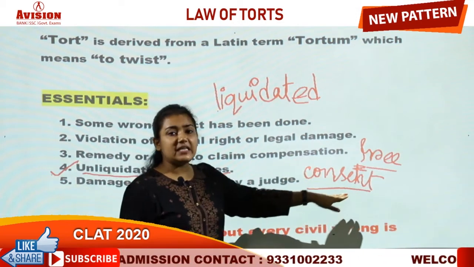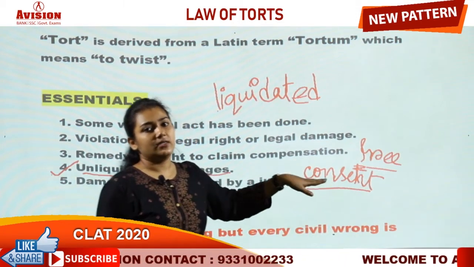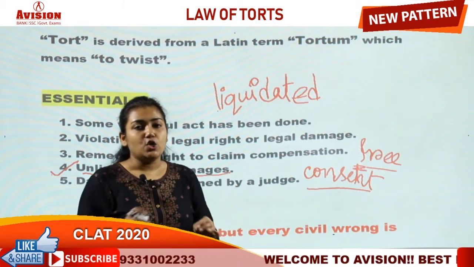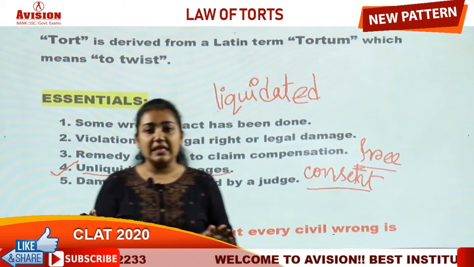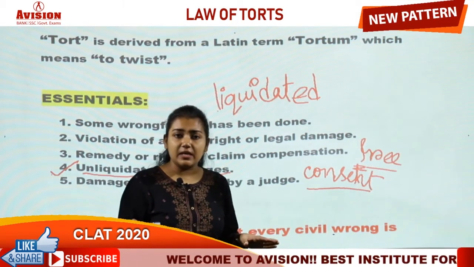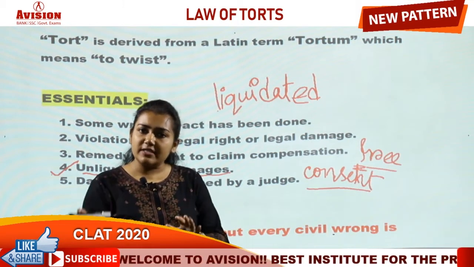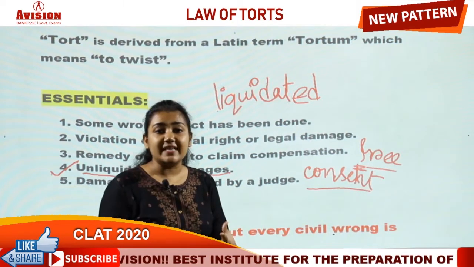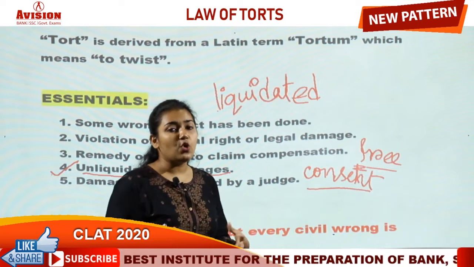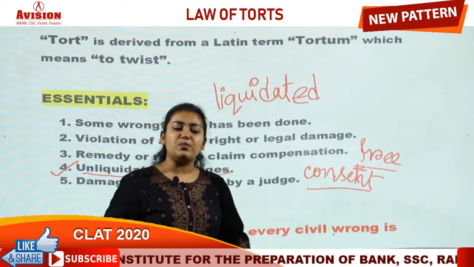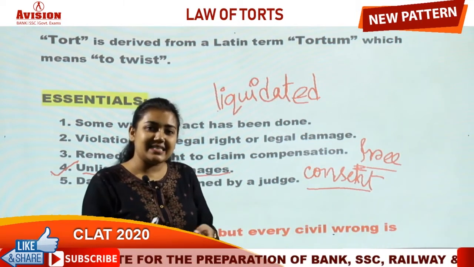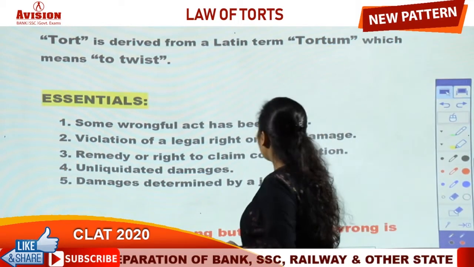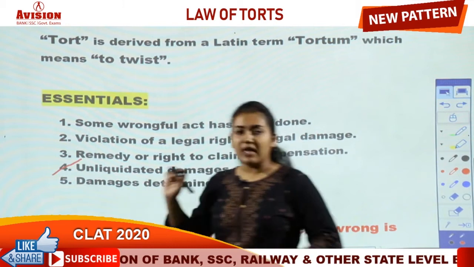Without the free consent of a party, no contract can be signed. If the party does not give permission of his own self, nobody can force him to sign a contract. That is illegal in nature. So, this is all about unliquidated damages.